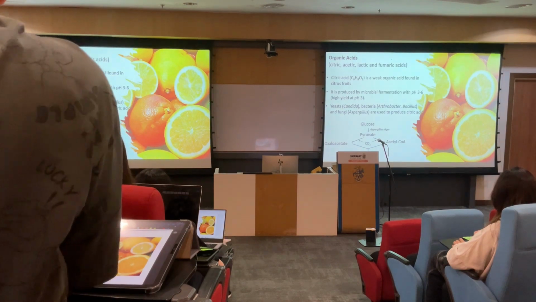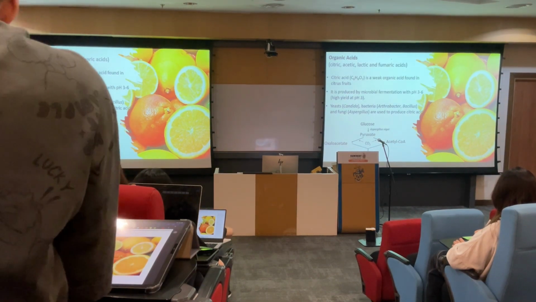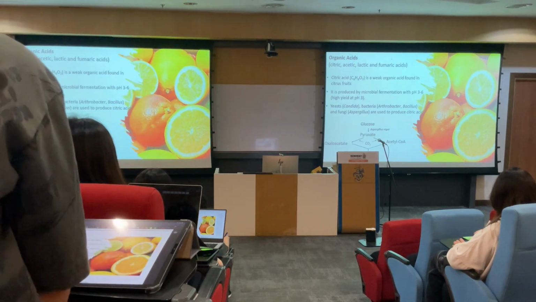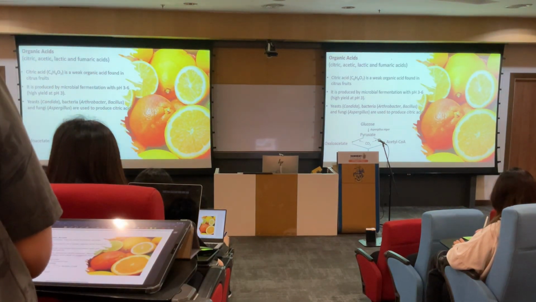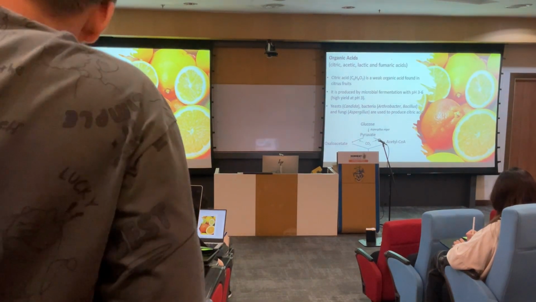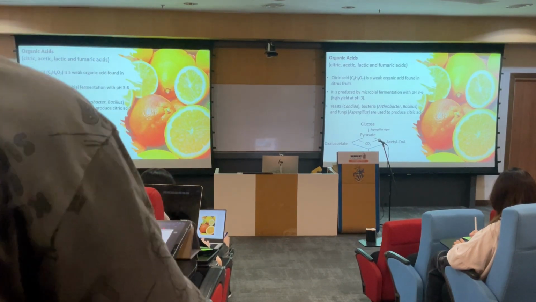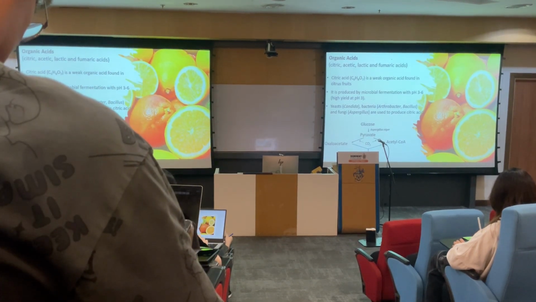They are easy to grow, and they are cheap, and they make a large amount of citric acid as compared to using tons of fruit, like oranges, but only making a very small amount of citric acid. So ideally now, no one is extracting citric acid from fruit, but instead using microorganisms to produce citric acid.